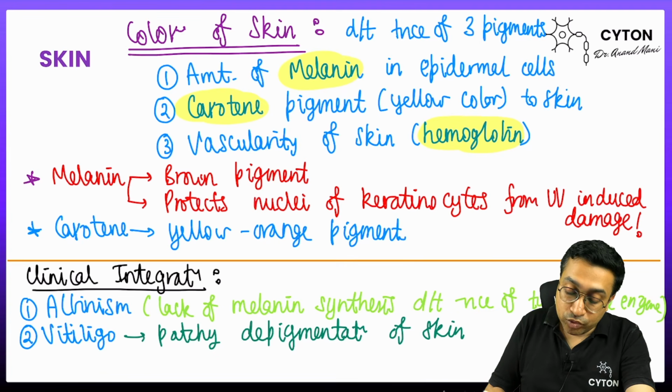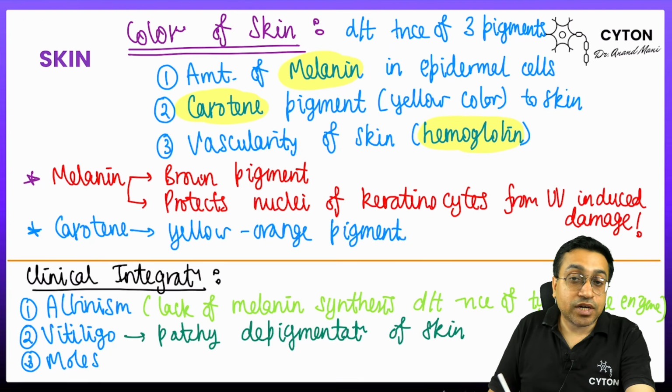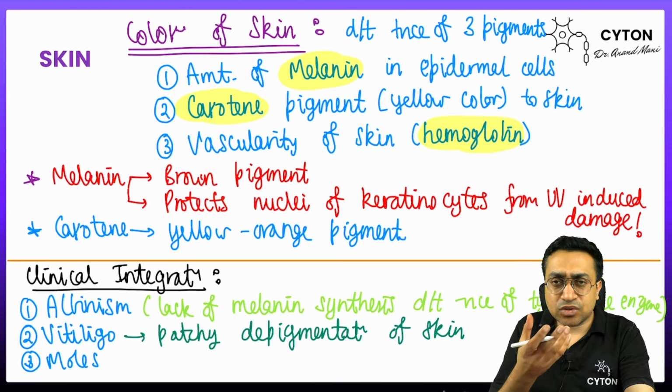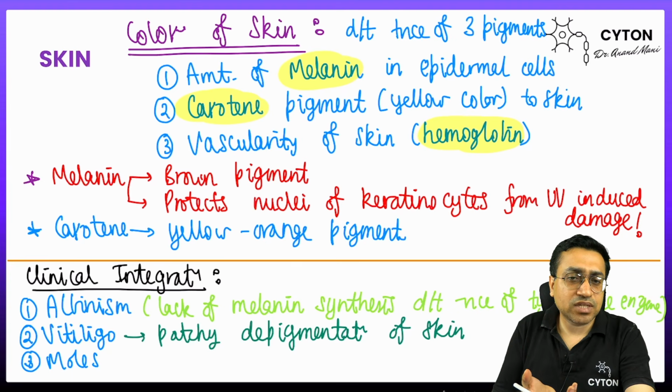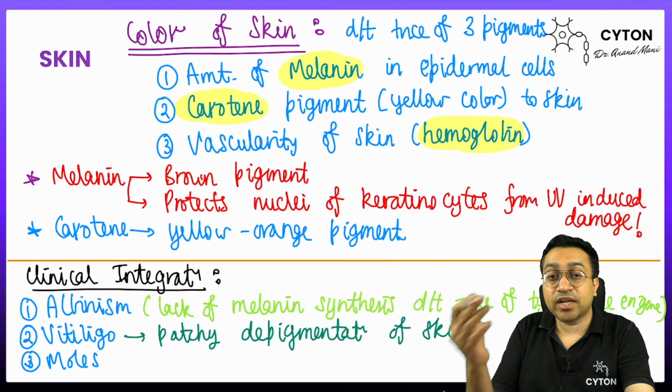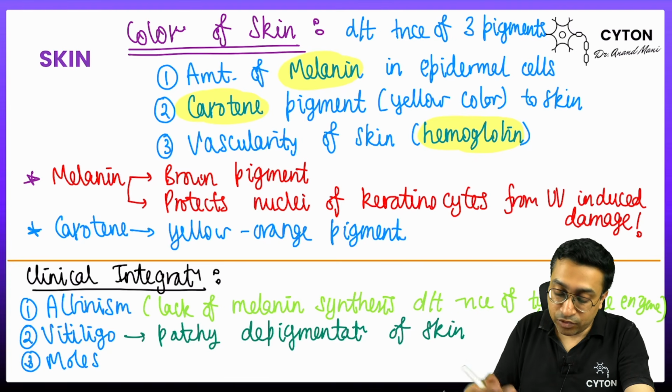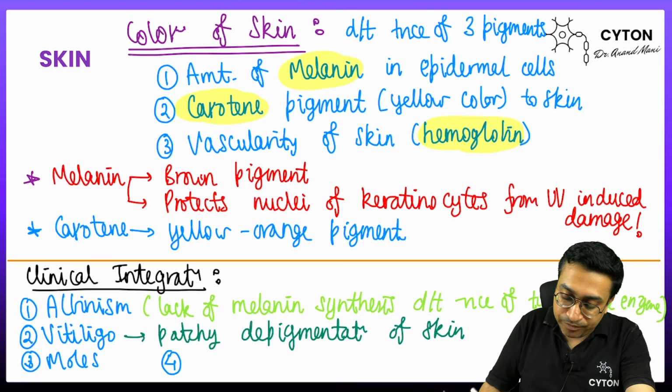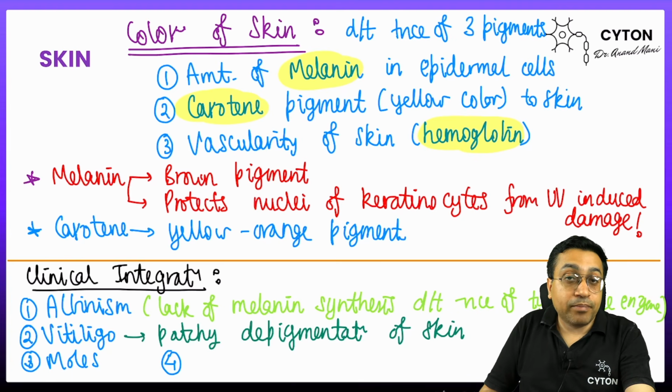Next we have moles, number 3, which are dark, slightly elevated macules, or flat lesions of the skin. They are present in almost all individuals, either from birth or appearing later in life because of hormonal influence. Number 4 is malignant melanoma.